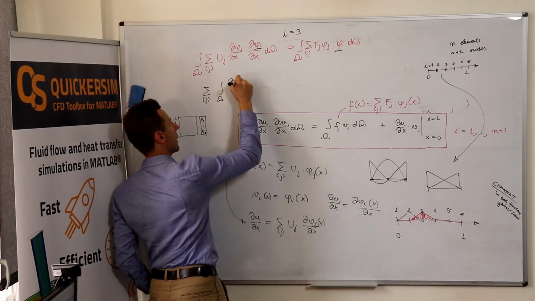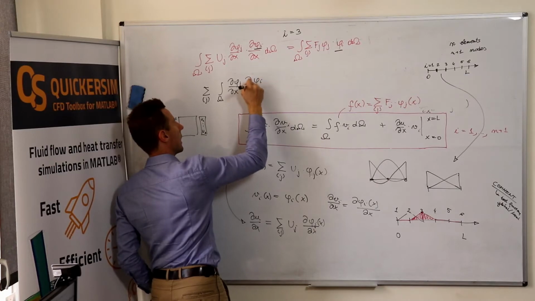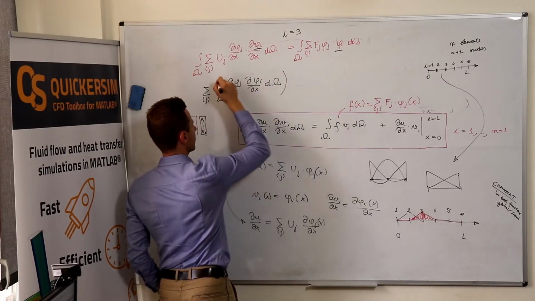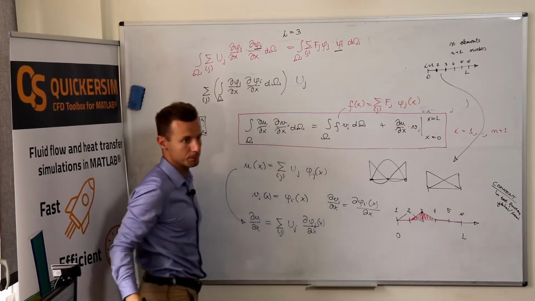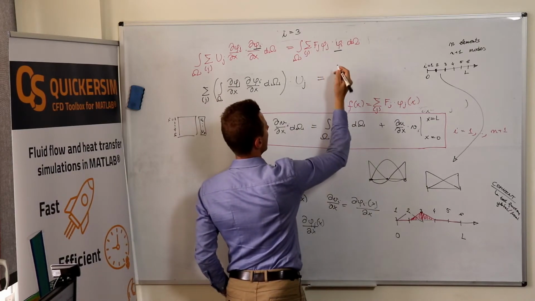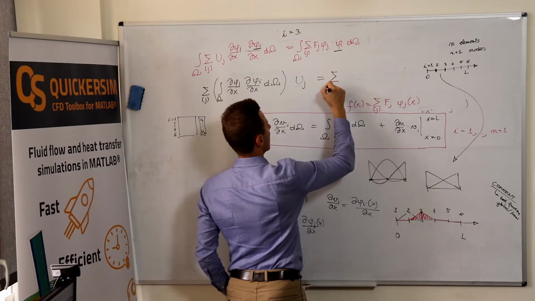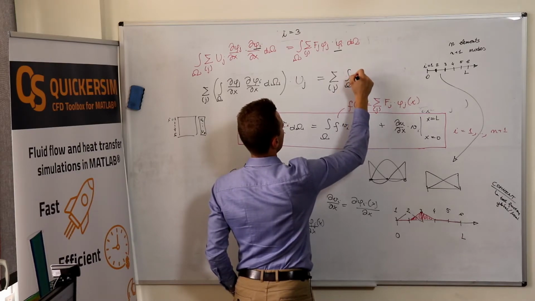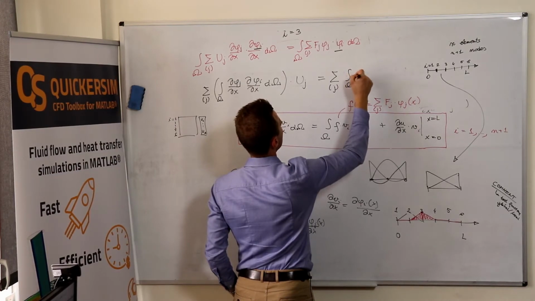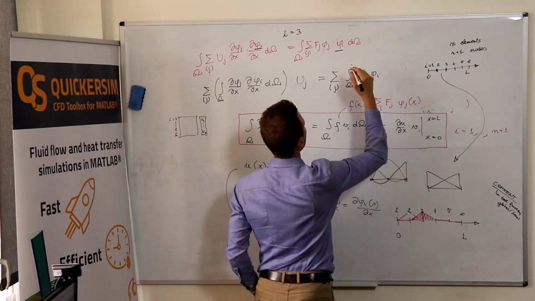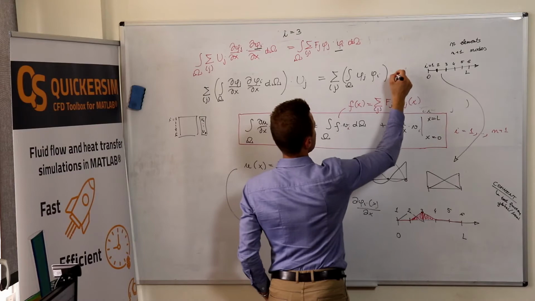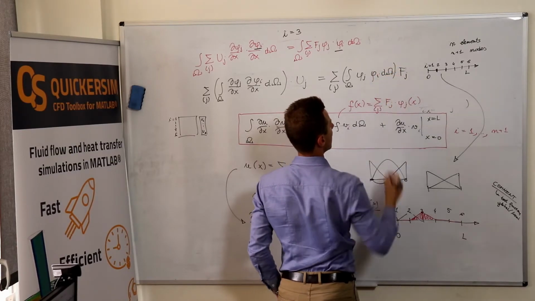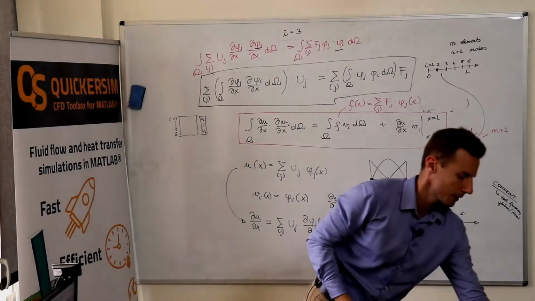Integral of d phi j dx d phi I dx times Uj equals, well, actually here it doesn't matter so much, the same thing: integral of phi I times Fj, if you wish, d omega.